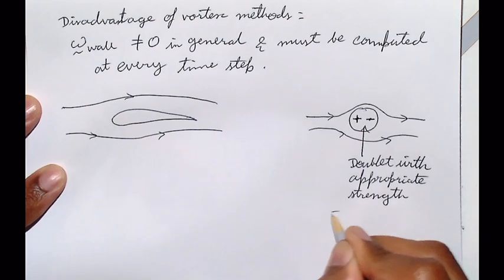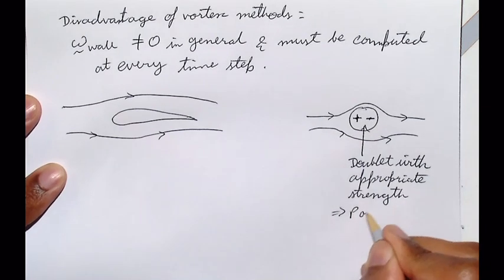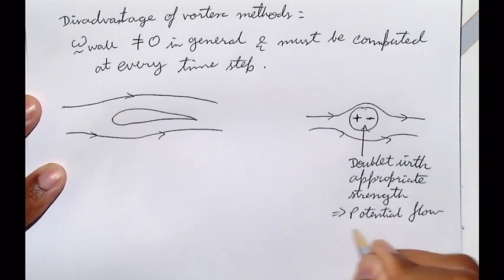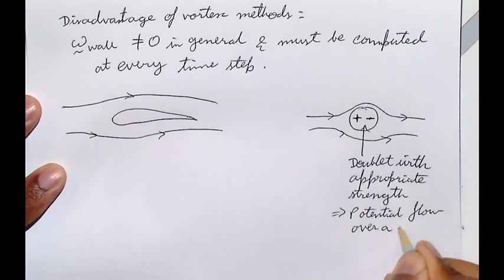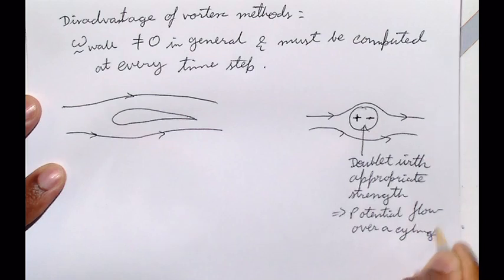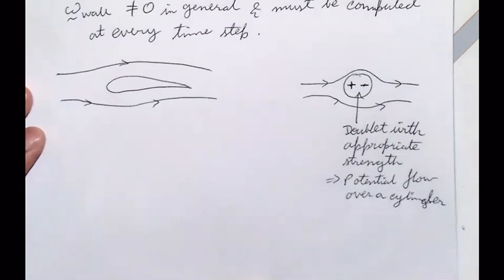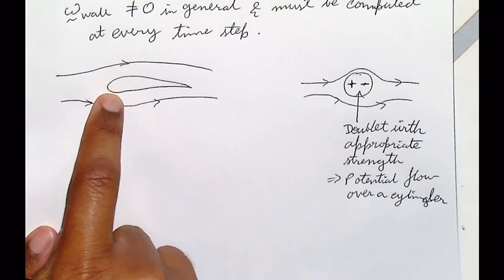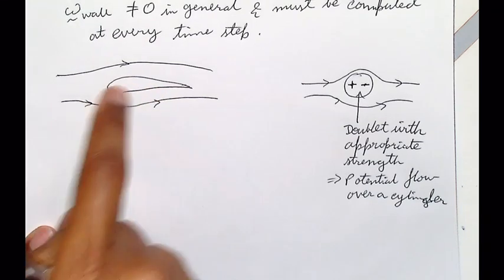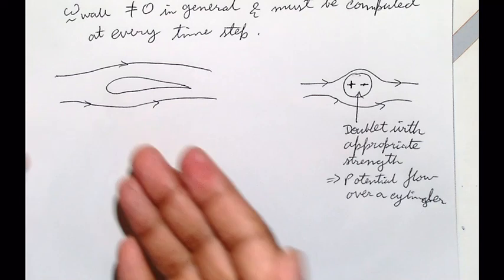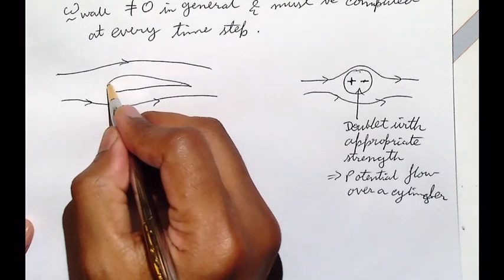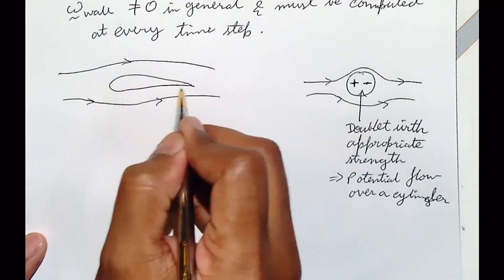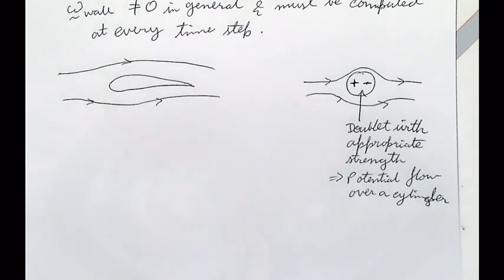And this gives you potential flow over a cylinder. And the same way you can introduce sources and sinks inside an airfoil to make the flow behave as if there's an impenetrable boundary that resembles the shape of the airfoil.